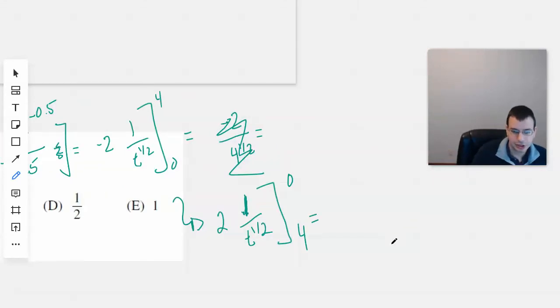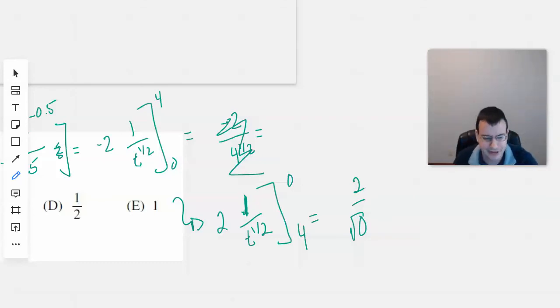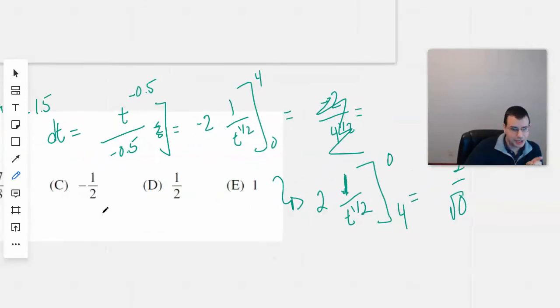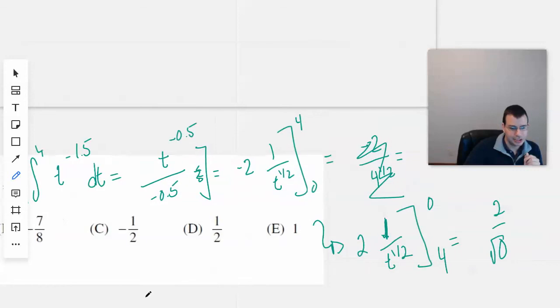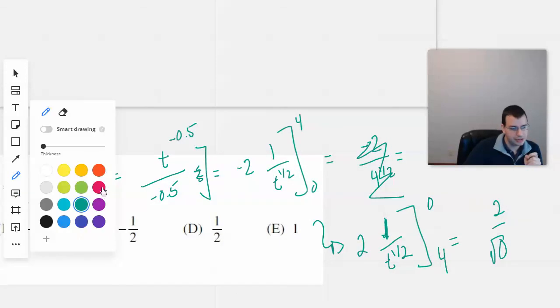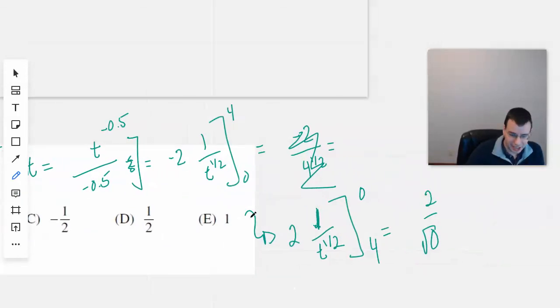So here then we have 2 over 0 square rooted? That doesn't feel right, because it's wrong. It's not 0 to 4, it's 1 to 4. Outrageous. Bush League. Well, I'm glad that I caught that and didn't just say, nope, completely impossible, world ends.